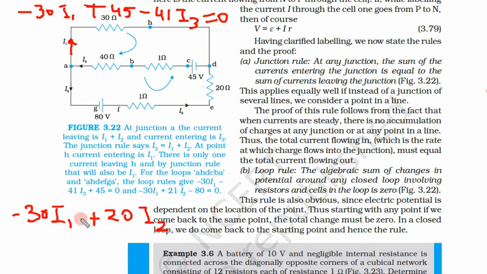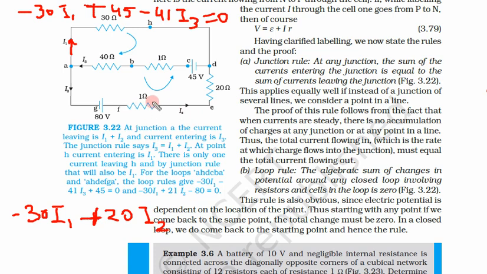So let us put a positive. We started here, the current was minus 30 I1. Then we come to this point and the current in this was I2, but there is a reverse direction. So minus 20 I2, and it is positive because the current direction is reverse.